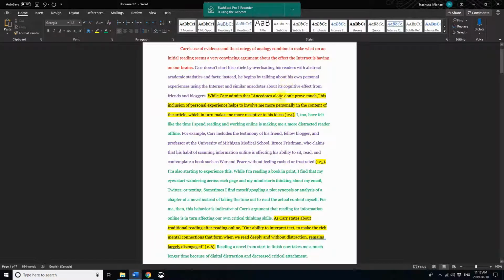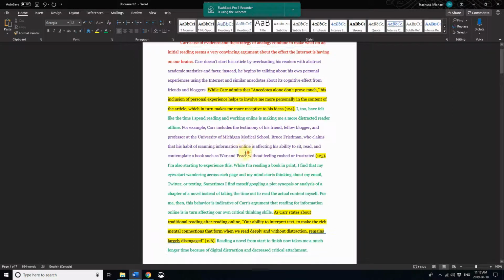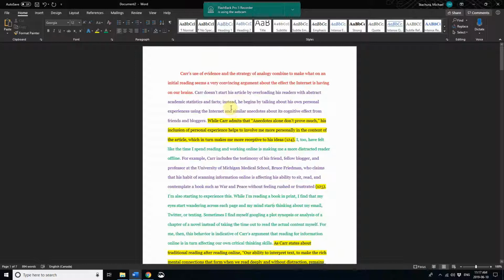So I'm summarizing things that Carr says in his article that I then want to go on to analyze. So here is all that stuff in purple. So summarize the points, illustrate those points to the reader. What points are you going to be engaging with in order to support your topic sentence? So I've put that here in purple.